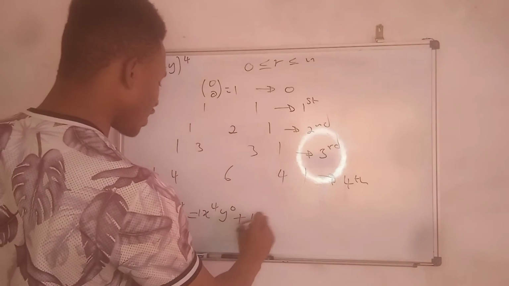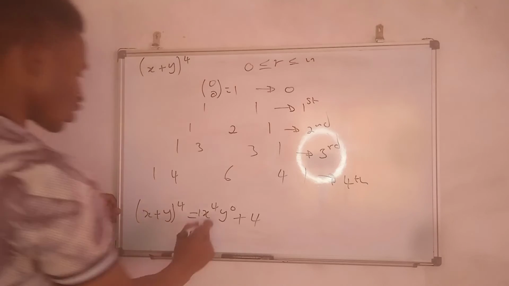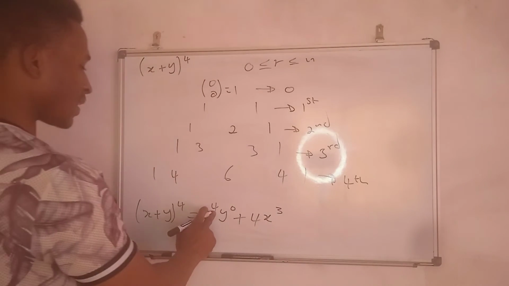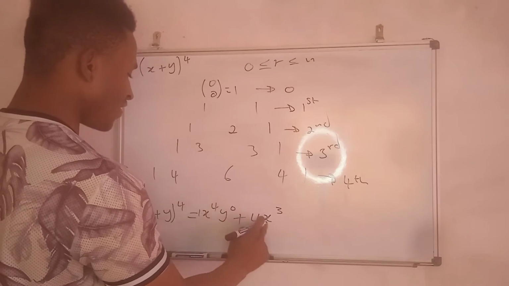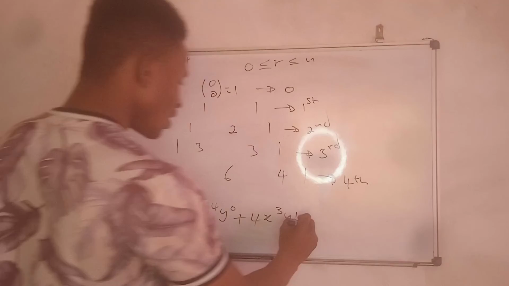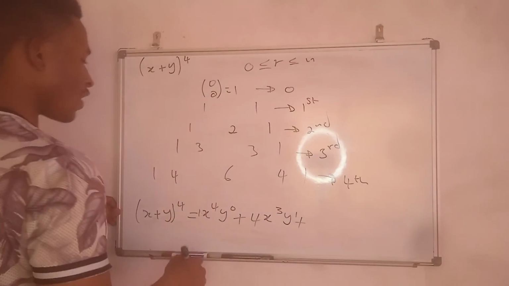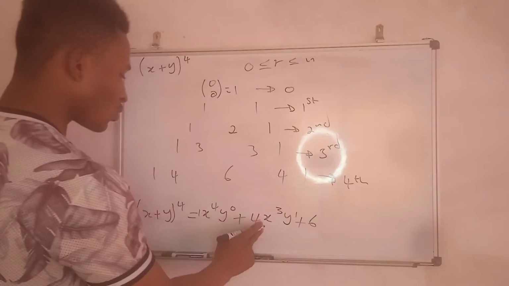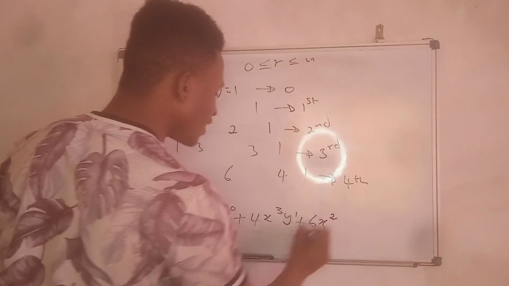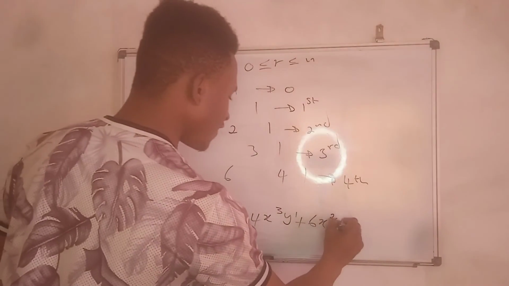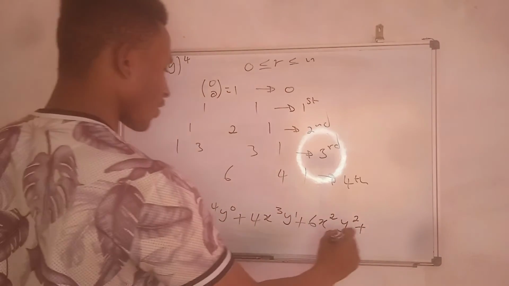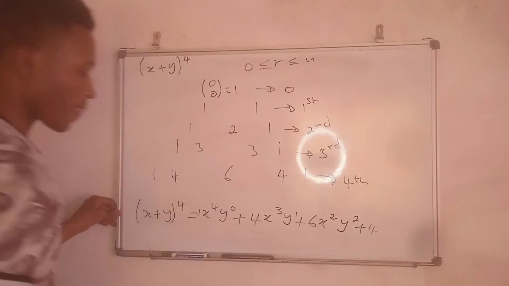But what is the coefficient of the next? It is 4. But x is decreasing by 1, which will be 3 here, and then y is increasing by 1. My third coefficient is 6. My x is decreasing by 1, so I'm going to have squared, and even here I'm going to have squared.